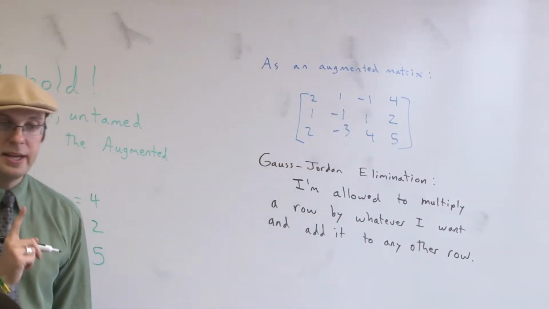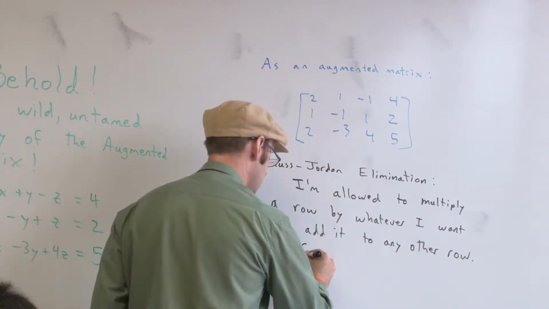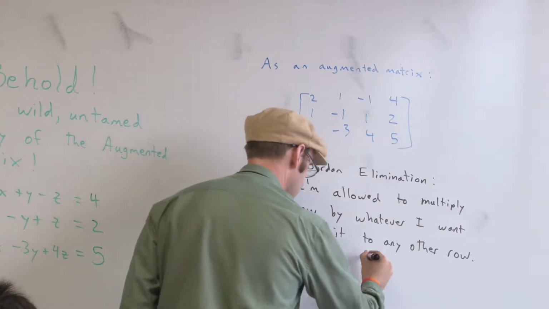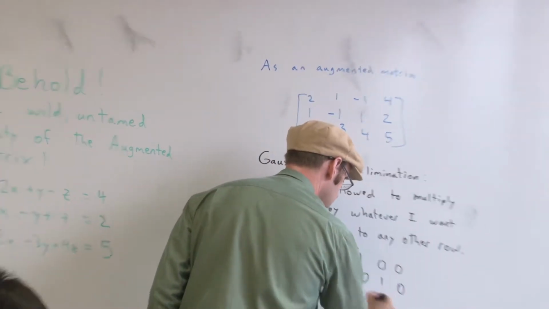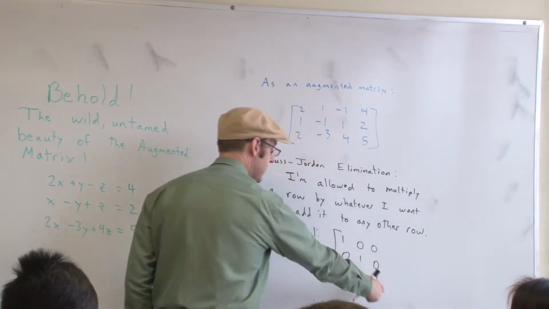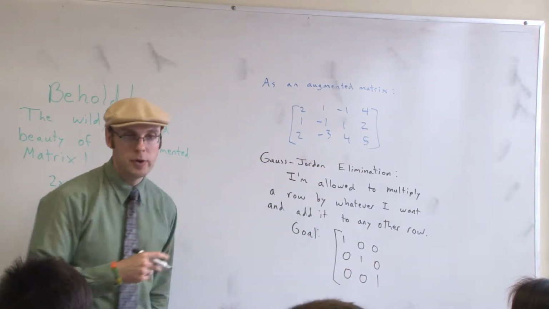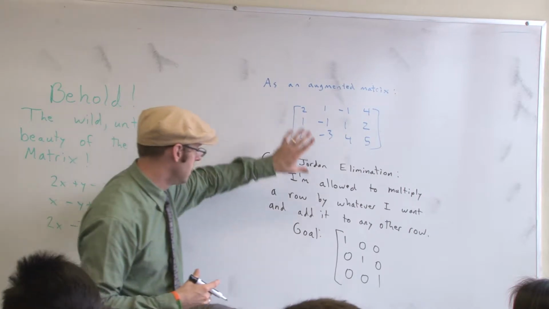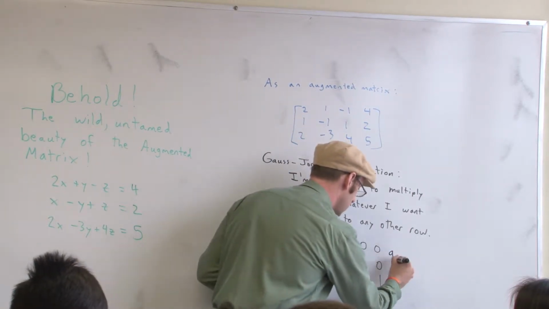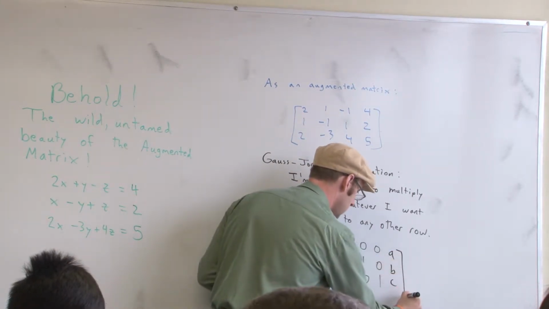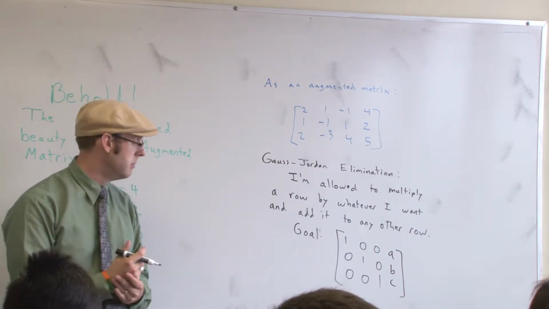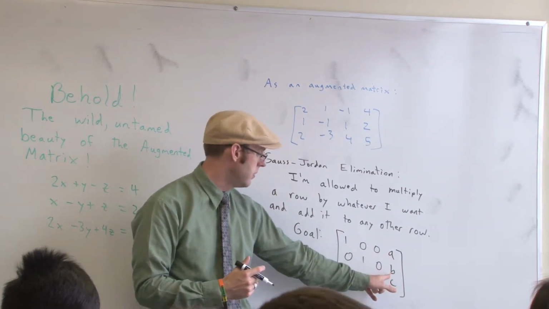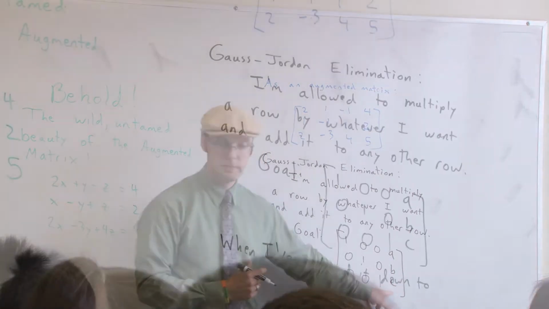And my goal in this is to get everything zeros except this diagonal. When I reduce this matrix to this, then I know the answer to my system is just x equals a, y equals b, z equals c.